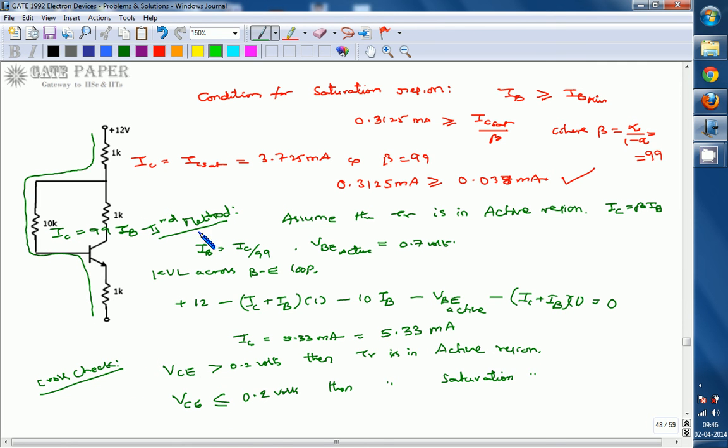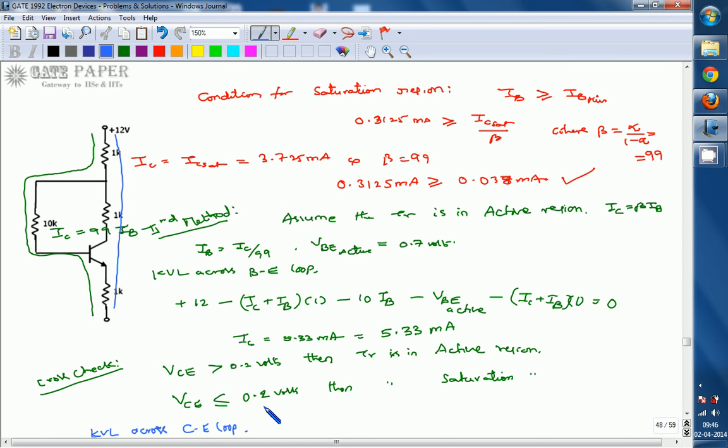Now apply KVL across the collector emitter loop. Collector emitter loop is nothing but you are moving in this direction, where the IC value is known, IB value is known.